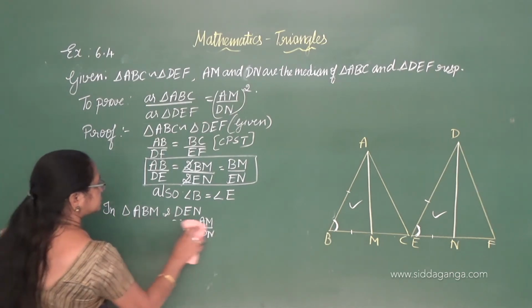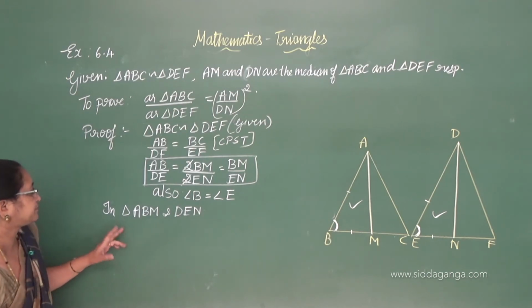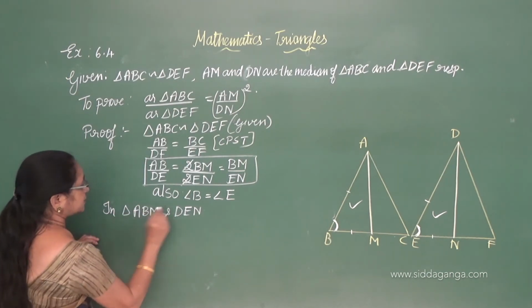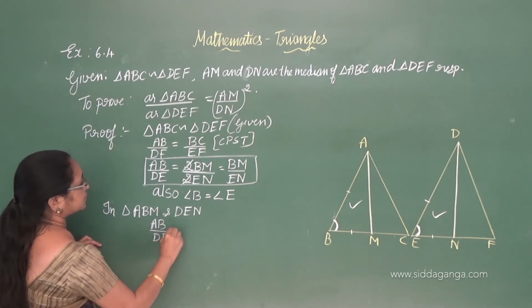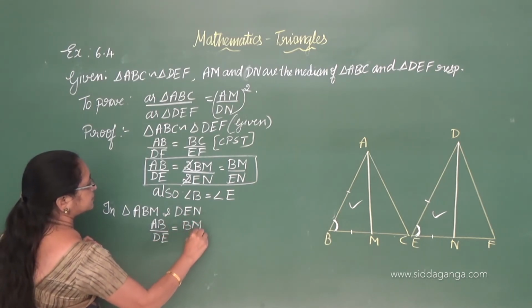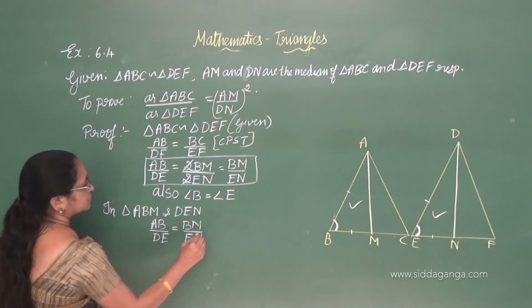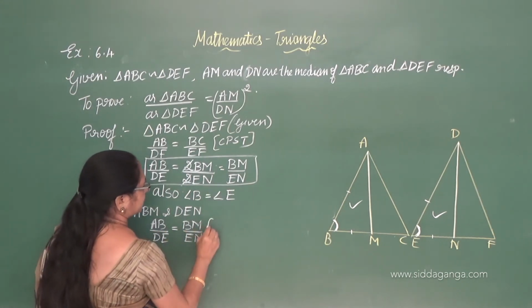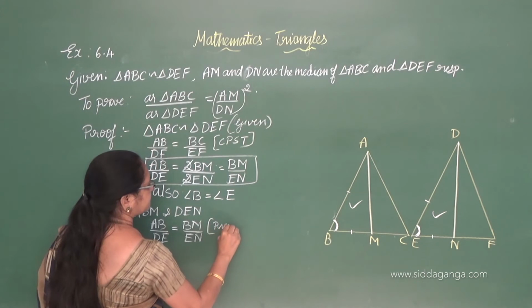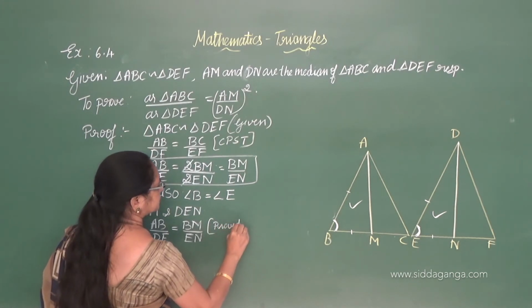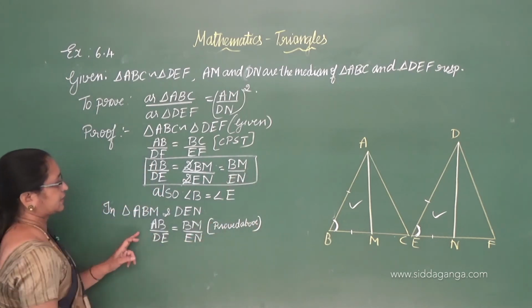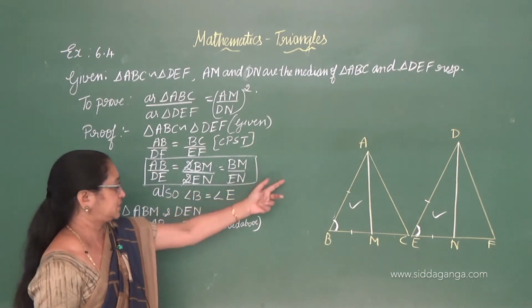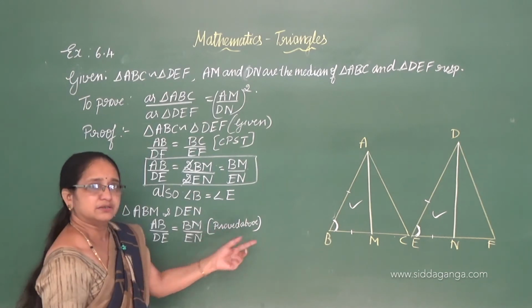Okay, in these two triangles, now we know we have here AB by DE is equal to BM by EN. Okay, how did we get it? We have proved it above. Or you can write by giving equation 1, you can write from 1 also.